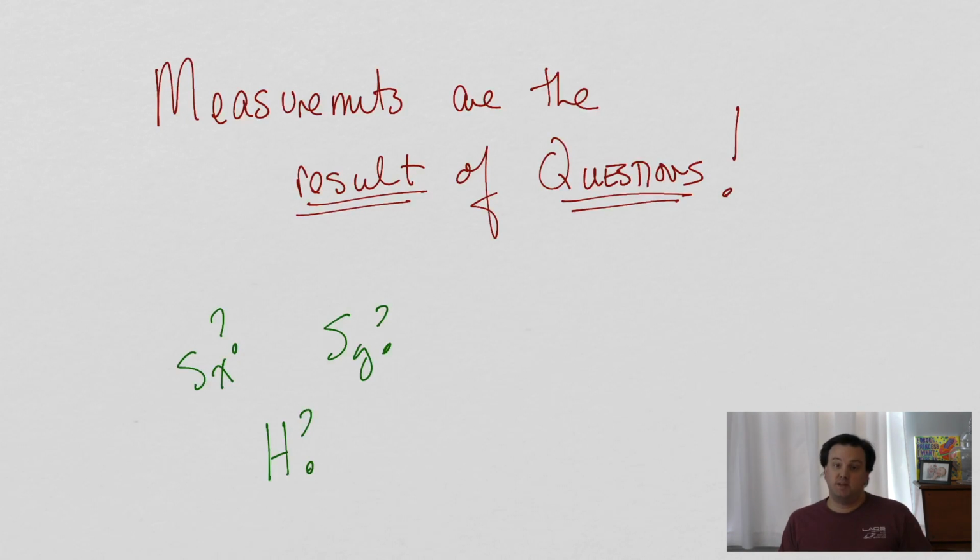And these measurements were all answers to some question, right? The Stern-Gerlach experiment in the z direction was asking, what's the magnitude of the z component of the spin? Or actually, we started with the z component of the magnetic dipole moment, but what was the z component of the spin?